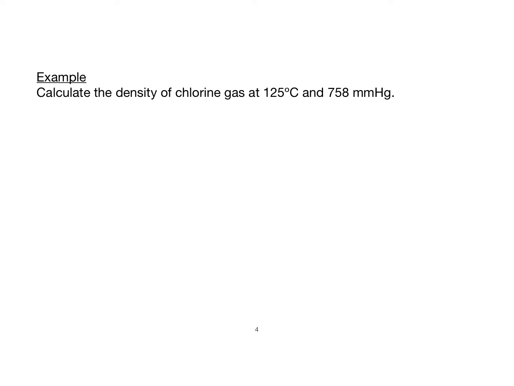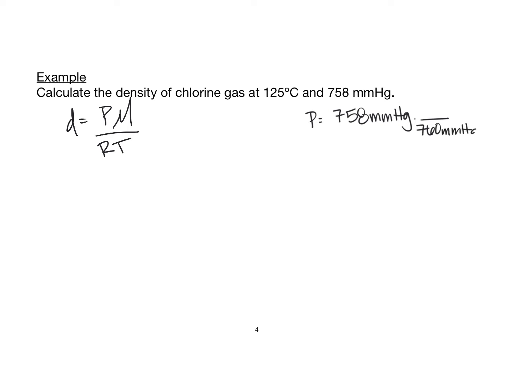So let's look at an example. If we want to calculate the density of chlorine gas at 125 degrees Celsius and 758 millimeters of mercury, we want to use the fact that the density equals the pressure times the molar mass over RT. So the pressure in this case is 758 millimeters of mercury. We're going to convert that into atmospheres by dividing by 760 millimeters of mercury.